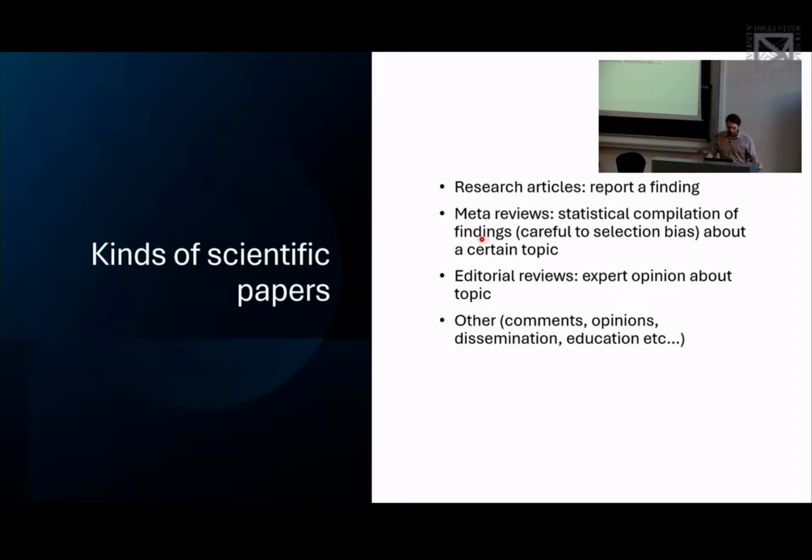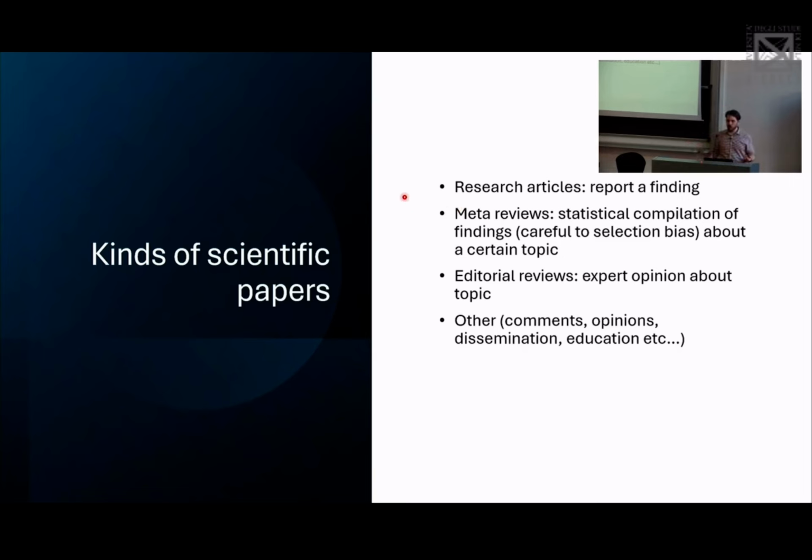That's it. There are the meta-reviews. These are statistical compilations of findings. Especially in the medical field, these are the most relevant, because there is a very typical bias when you do a research paper: you generally find that your experiment worked, whatever your experiment was.